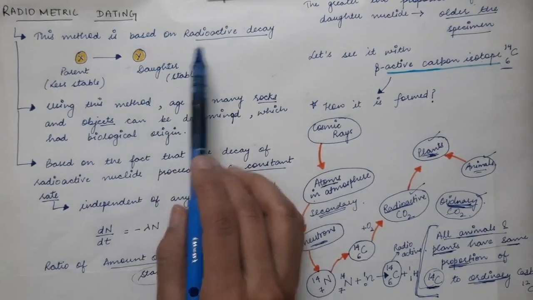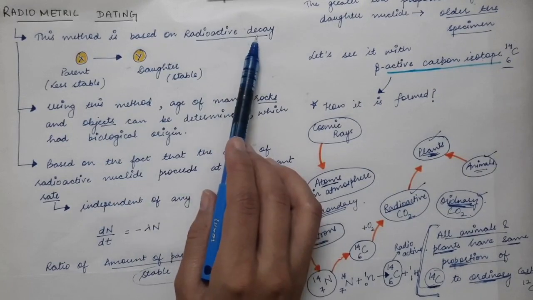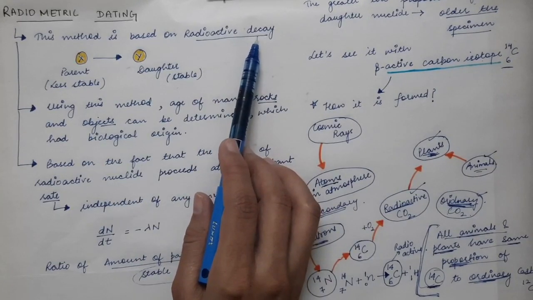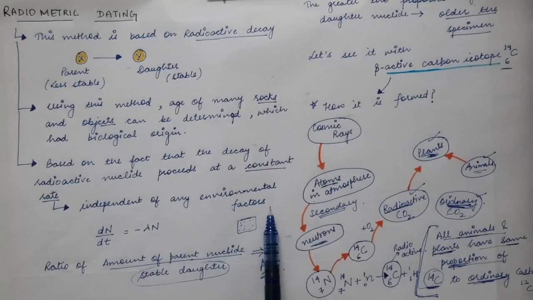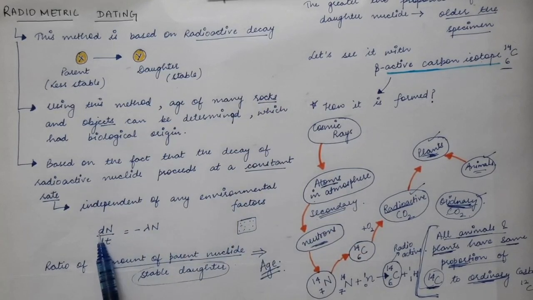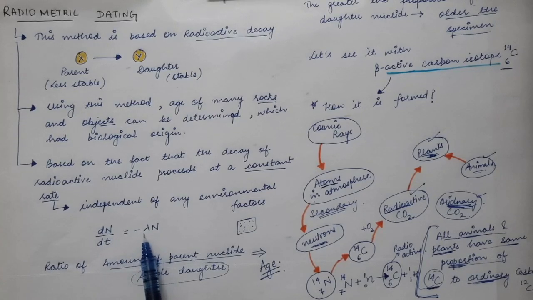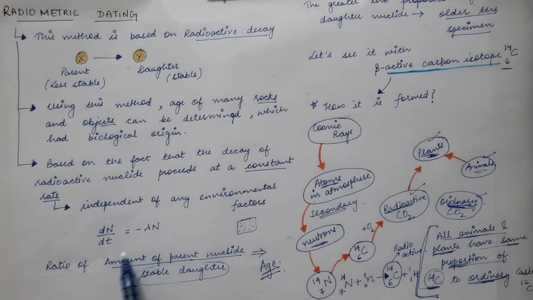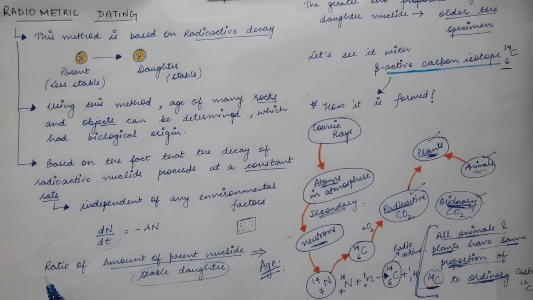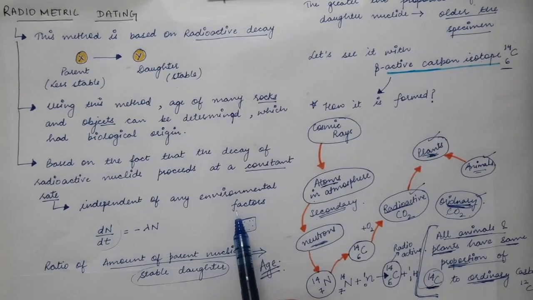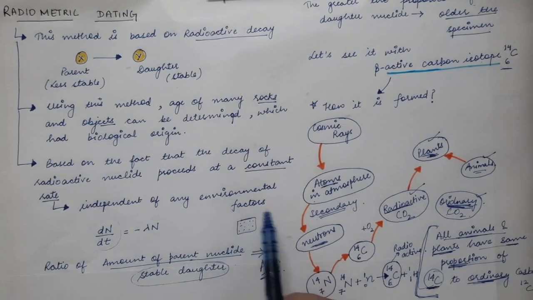Any radioactive decay is independent of environmental factors. So the rate of disintegration, dN/dt, is equal to minus lambda N. We have already seen this, and the rate of radioactive decay does not depend upon any environmental factors like temperature, pressure or any other factor.